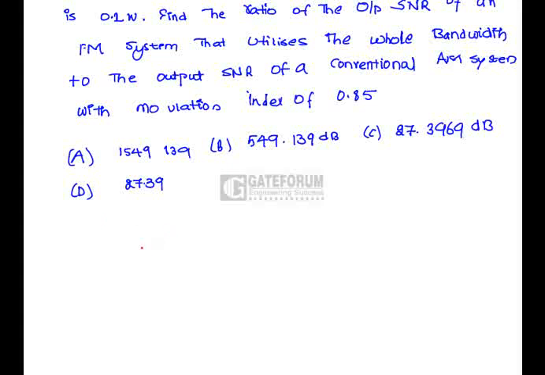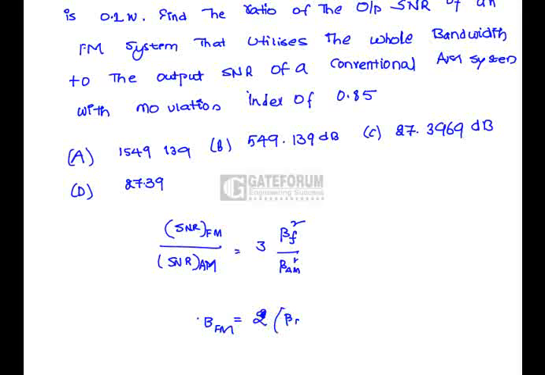Here we know the signal to noise ratio of FM to the signal to noise ratio of AM equals 3 into modulation index of FM whole square by modulation index of AM whole square, which equals 3 into, here, the bandwidth of an FM system equals 2 into (beta f plus 1) into the maximum frequency or the bandwidth of the message signal.